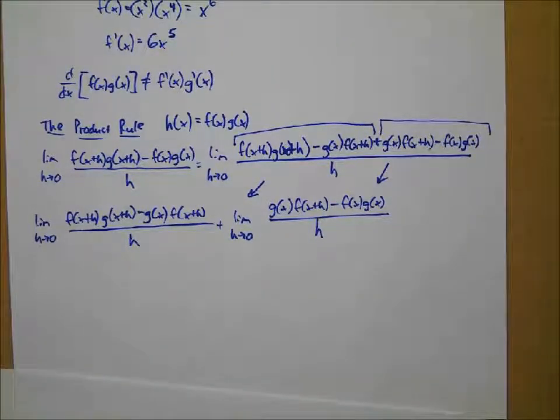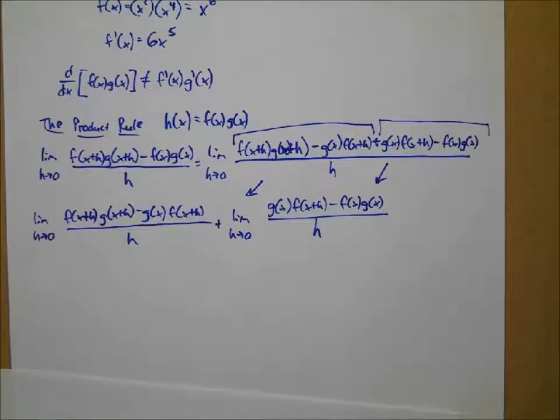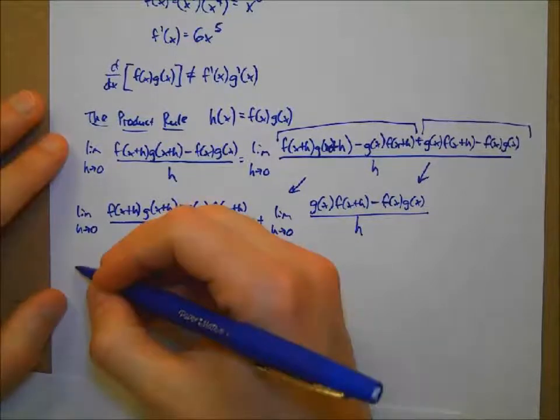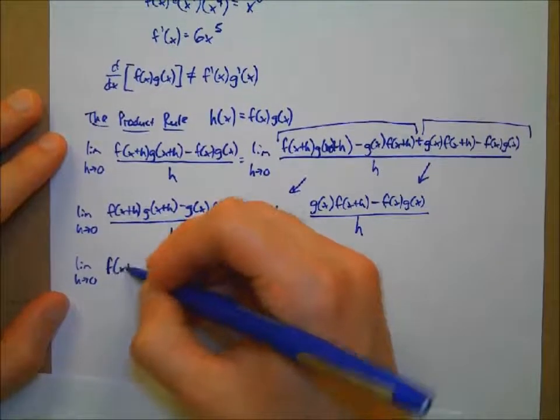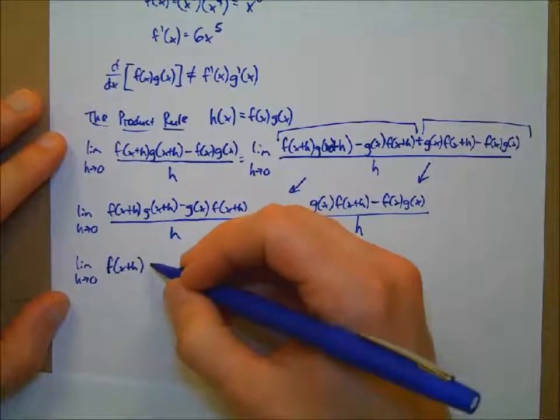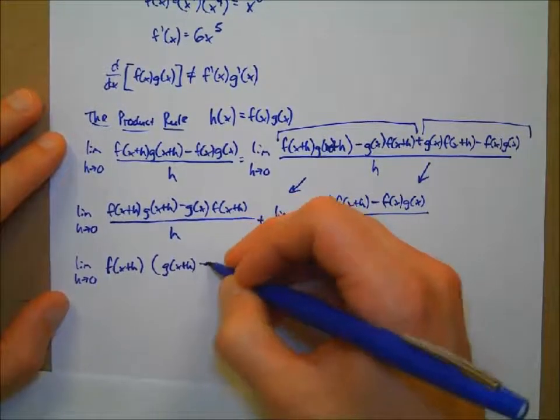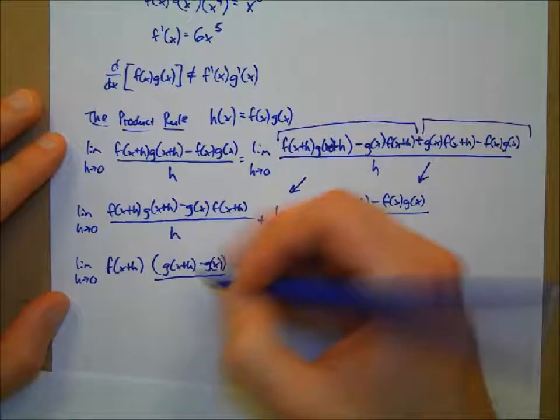Now, in the numerator here, we have a GCF. What's the GCF in the numerator over here? What can we factor out from both terms in the numerator? F of x plus h, right? So I'm going to do that. And what's left in the numerator will be g of x plus h minus g of x, all over h, right?